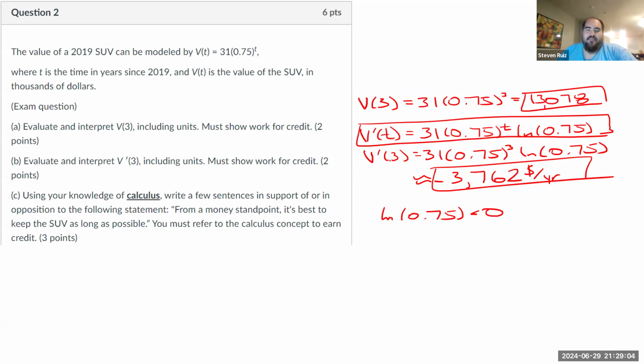So because of that, no matter when you sell it, you're going to sell it at a loss. So you might as well get the most use out of it you can. Since you're never going to make money on it, you might as well use it for its purpose as long as you can. But like I said, if you can justify your answer using some kind of mathematical reasoning, I'm happy with it.